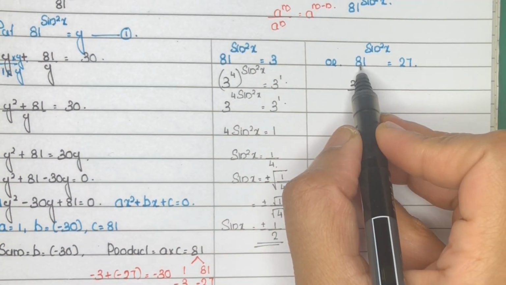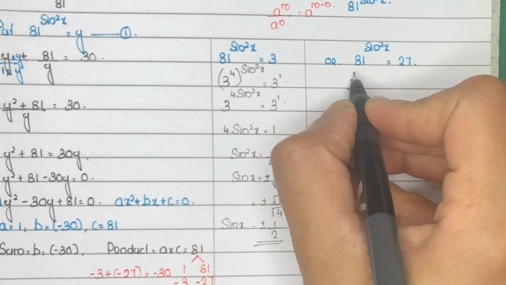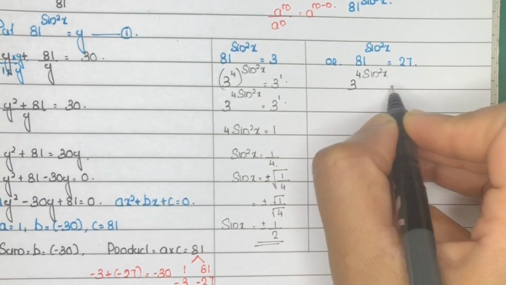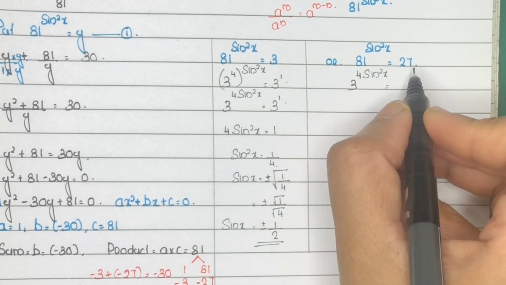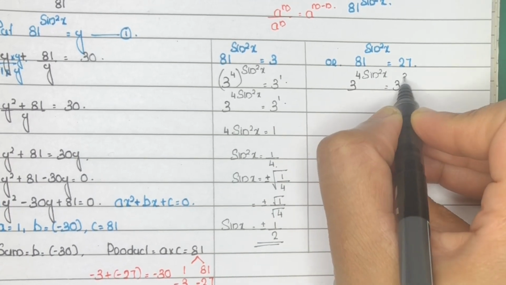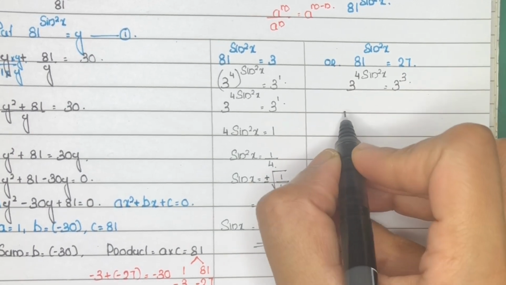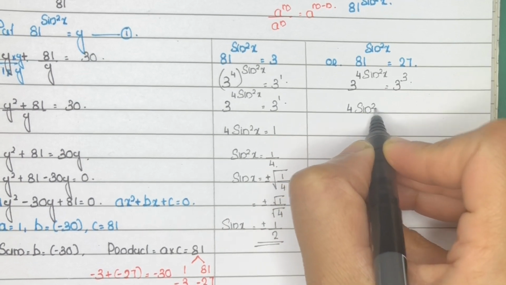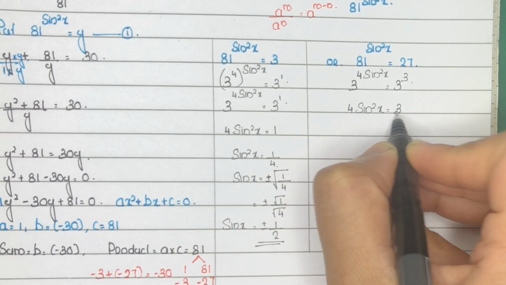Similarly, this one you can write it as 3 raised to 4 sin square x equal to 27, which is 3 into 3, 9, into 3, 27. 3 times, that is 3 raised to 3. Base same, which implies 4 sin square x equal to 3.